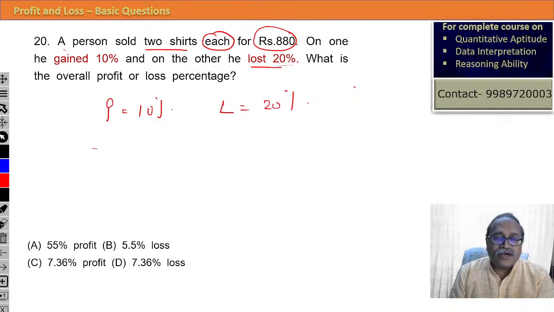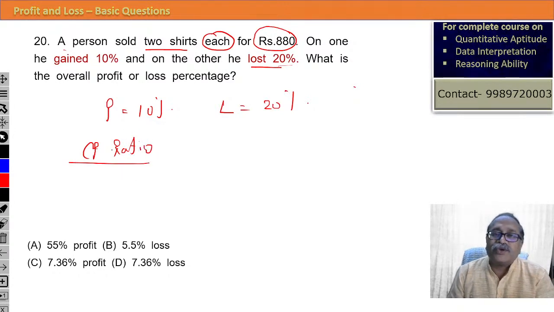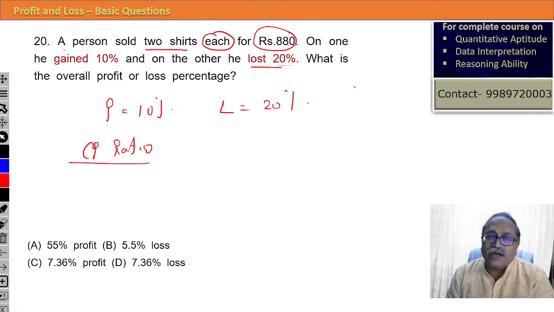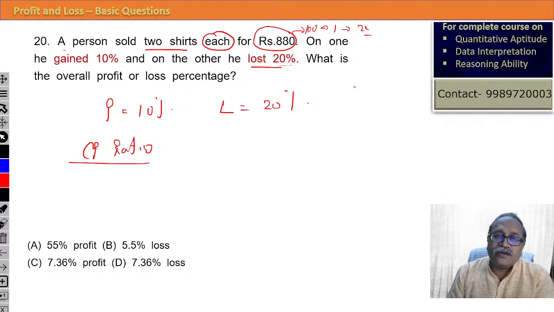So how do we do it? We will find out the CP ratio here. How do I get the CP ratio? Here 880 is there. Instead of that you can take anything. You can take 100, you can take 1, you can take X. It does not matter because this value will get cancelled. So for the time being I am writing the same number 880.